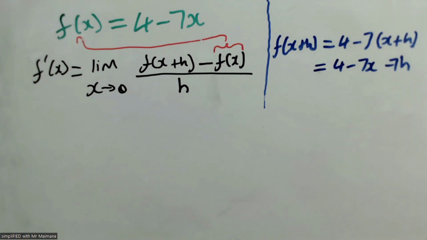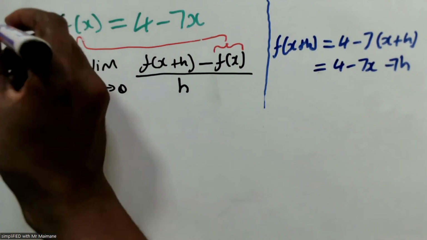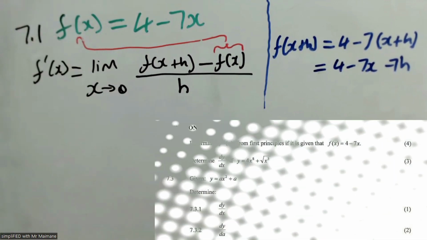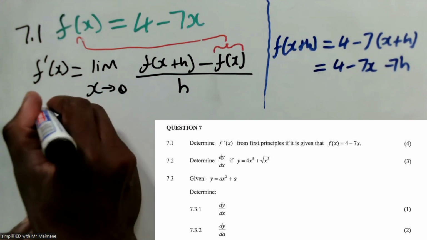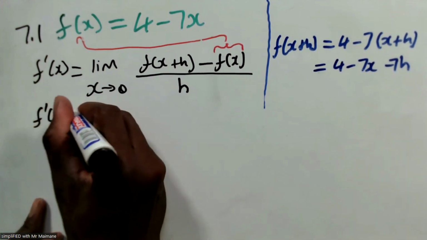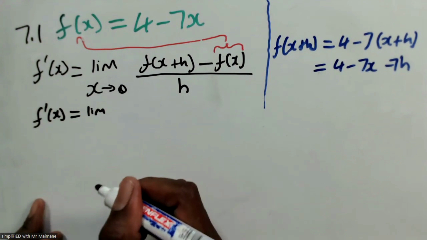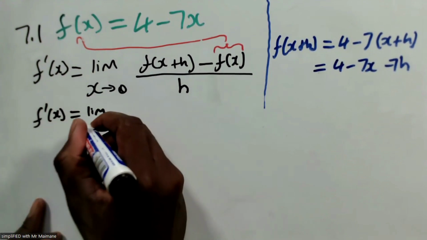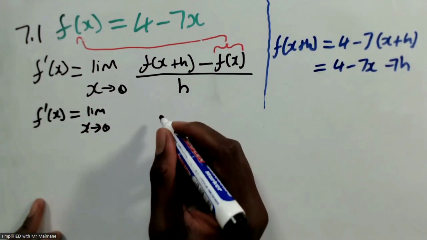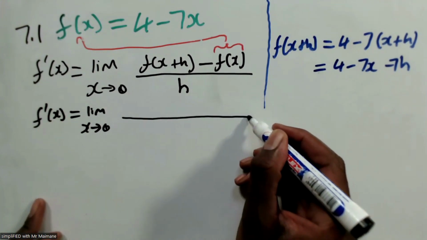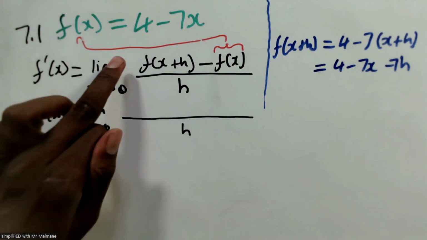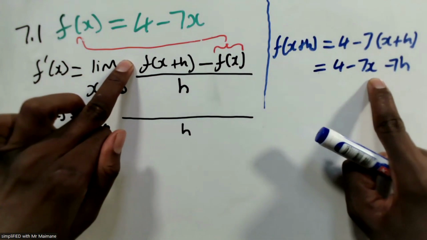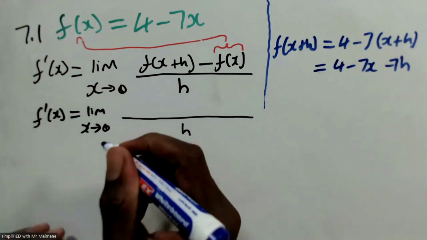Now, we can continue. By the way, we are solving 7.1. Continuing, all this over h. Then I will substitute f of x plus h with what it's supposed to be, which is 4 minus 7x minus 7h.